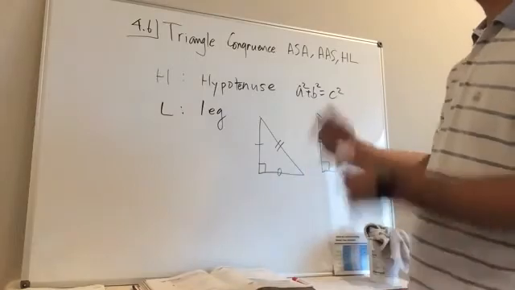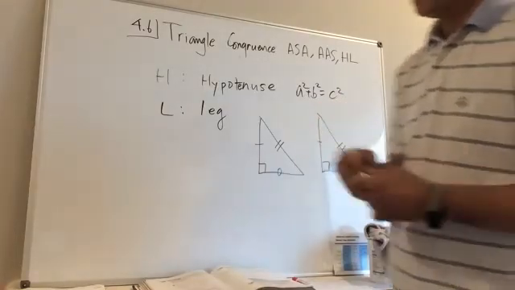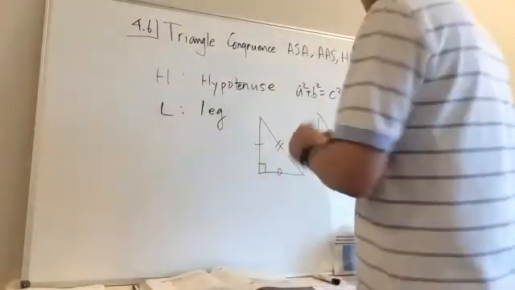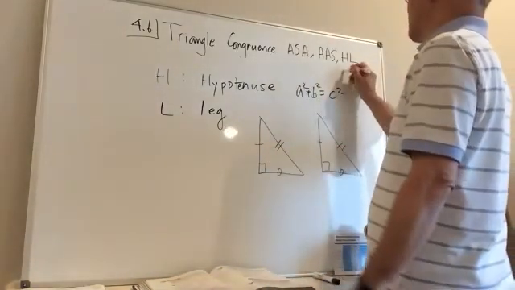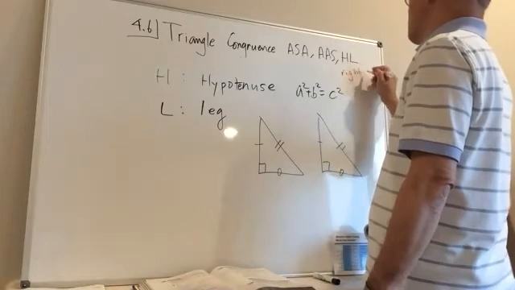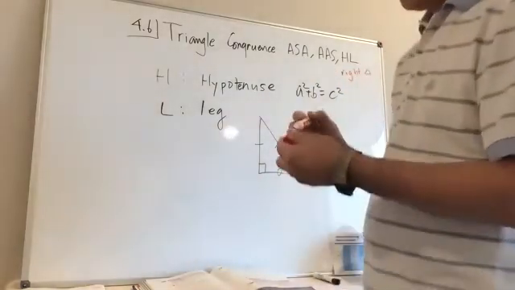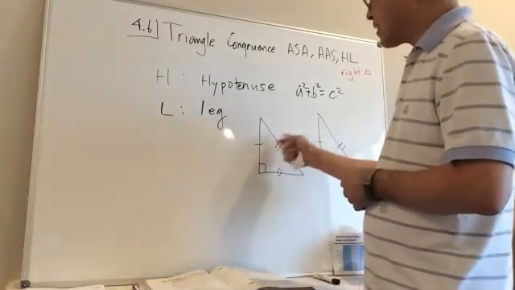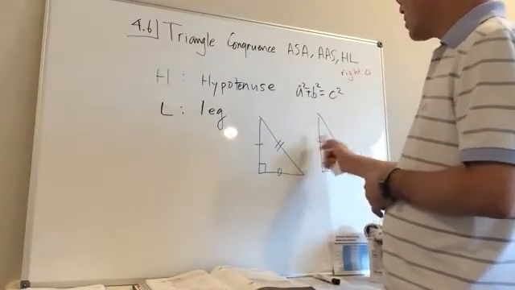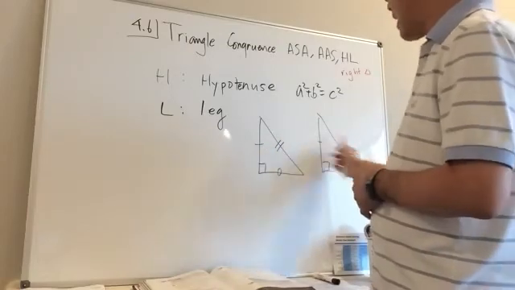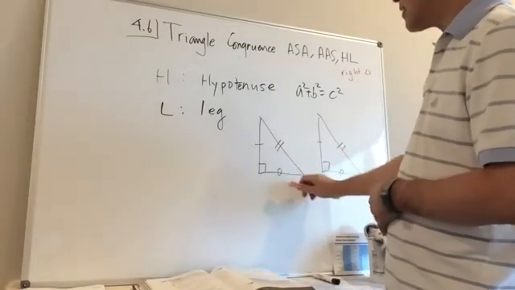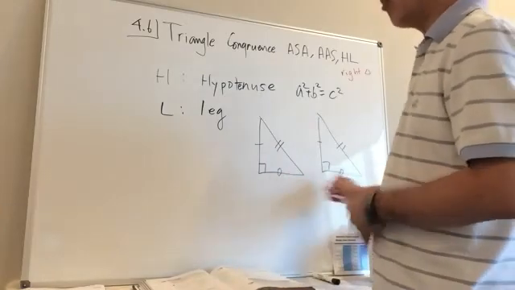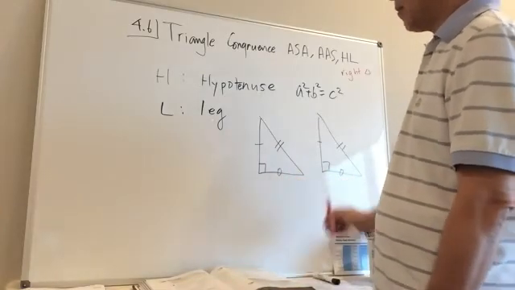So HL only works in a 90-degree situation. It has to be a right triangle. And it's really a subset of side-side-side, because setting the two sides automatically determines the remaining leg.